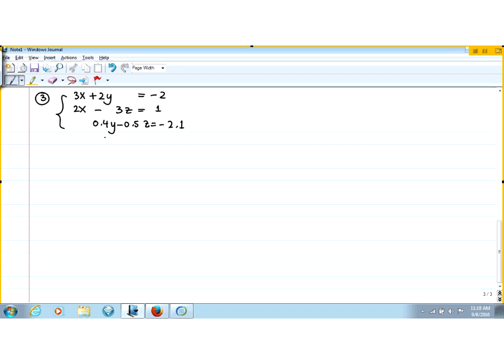Yeah, multiply by 10, which is 4y minus 5z is equal to negative what? 21. Yes? So I'm going to call this equation 1. This is equation 2. And my third one is the one with the decimals cleared.